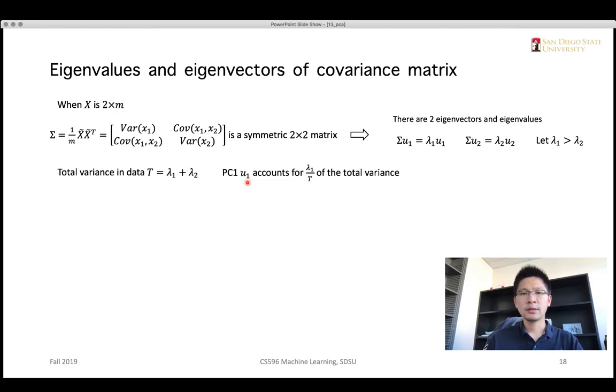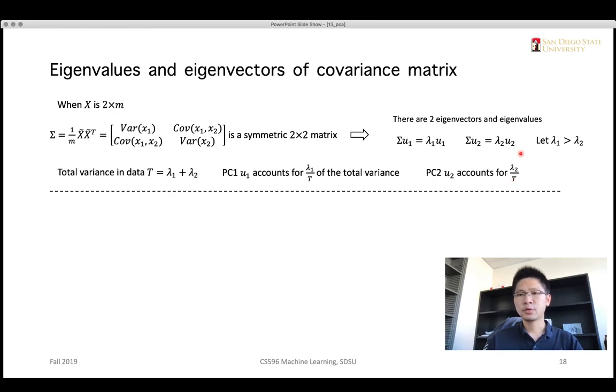Therefore, we can use the ratio lambda 1 over T to measure how much variance the first principal component u1 accounts for, and lambda 2 over T is the ratio of variance that PC2 accounts for. This is the case for 2 by n data.